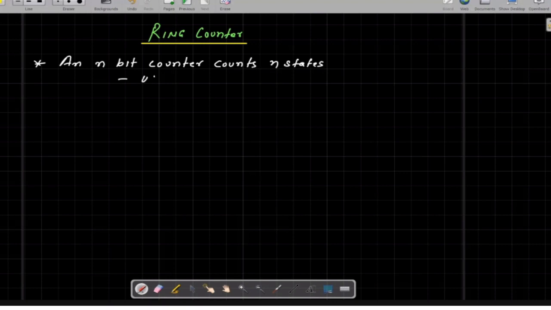For example, as we saw in the case of BCD, there are 9 used states and 6 unused states. If you are constructing with 4 flip-flops, the used states, say capital N, is equal to small n, and the unused states equal 2 raised to the power n minus n. So this is the general case.